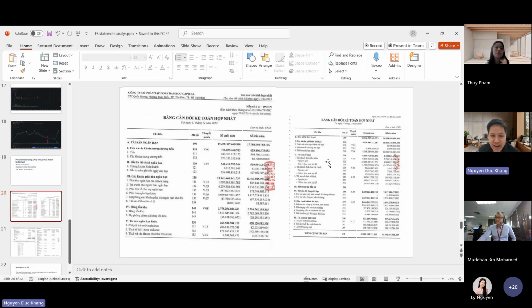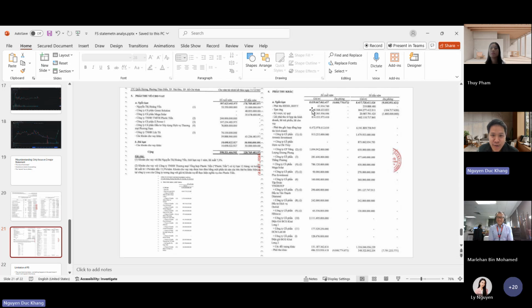And in terms of the company, when they make the financial statement, there's other payable, other receivable, other everything. That's where the secret often lies. And if we look at the footnote, you can see that they have a lot of receivables for short-term loans for some individuals, don't know who.